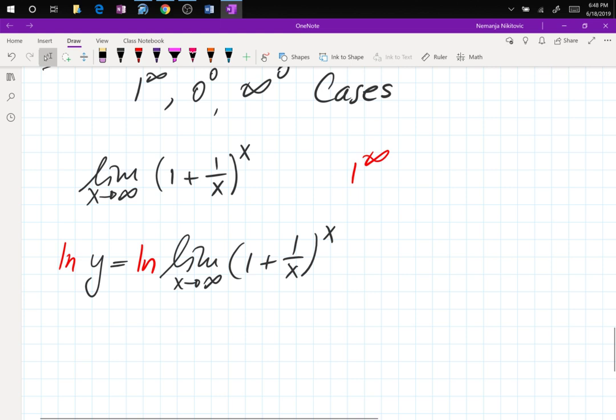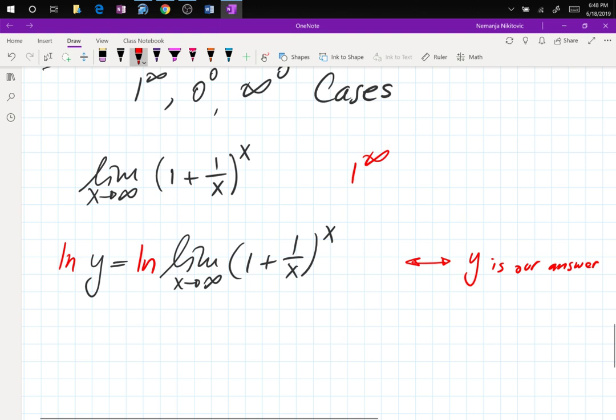Whenever we calculate y, that's our answer, because we set the entire limit equal to y.